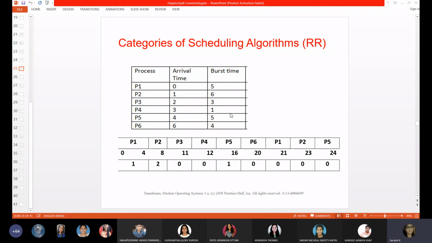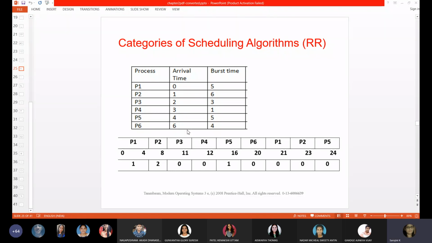Okay, which process has the smallest CPU burst time at that point of time, that will be selected. Among the available processes, whichever process has the shortest CPU burst time will be selected. So you should know that that can also be applied, along with round robin.